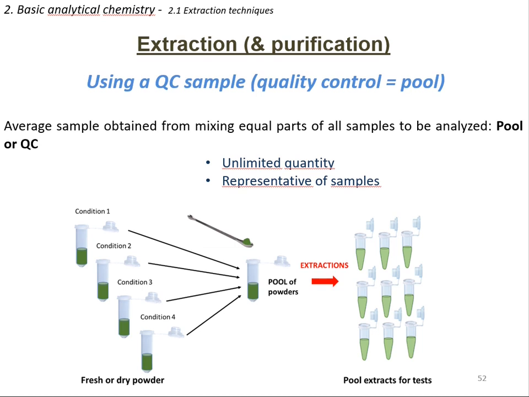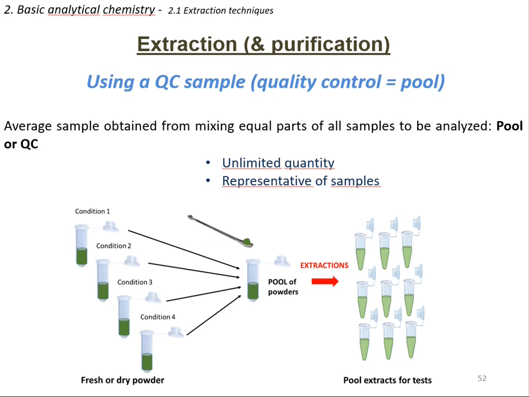Then you can also make a pool of your samples. In this case, it's usually more called the quality control. And you can use it to check that your machine, your mass spectrometer, is not changing during the time of the analysis. Sometimes you have analytical runs that can last as long as a few days.